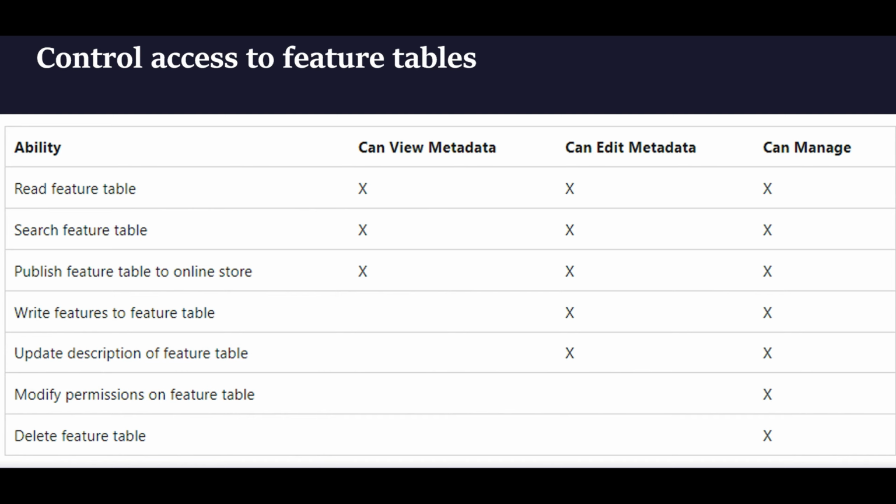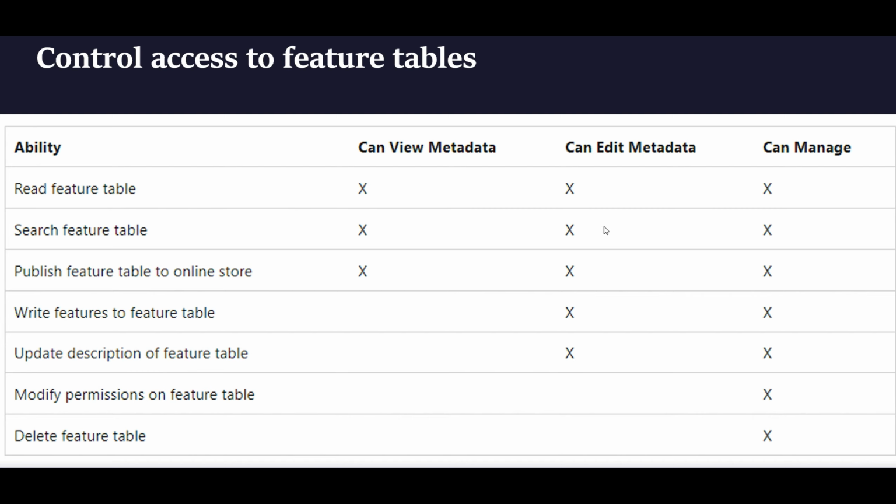So when you have table access control enabled, then you can set permissions for data objects in that cluster. That's again what I said. Table access control is different than feature access control. Just keep that one for now, and table access control is a whole different topic by itself. So I just wanted to tell you what is feature store access control and what it means when we define that here.